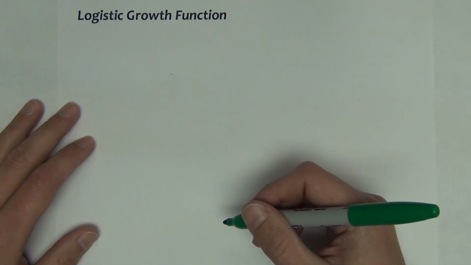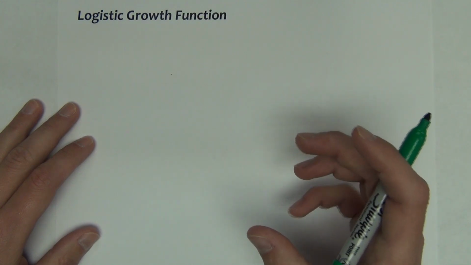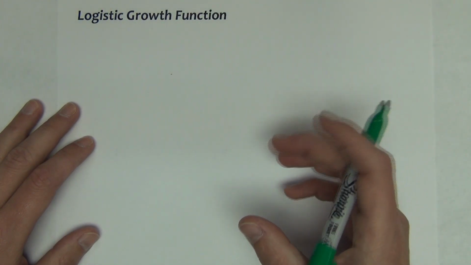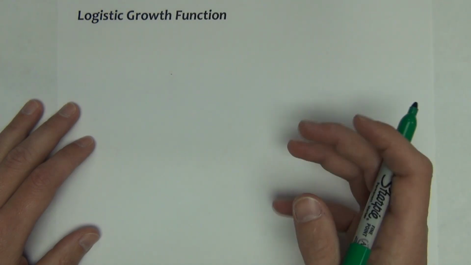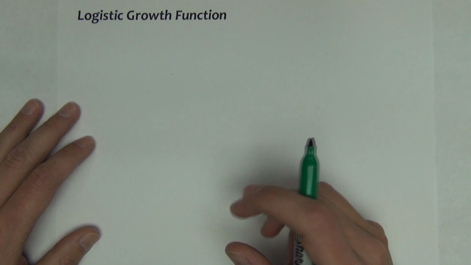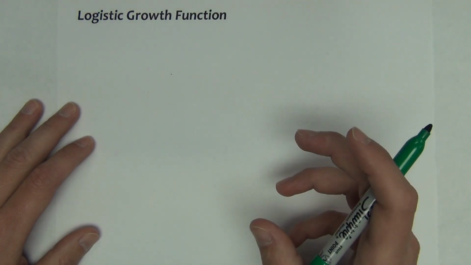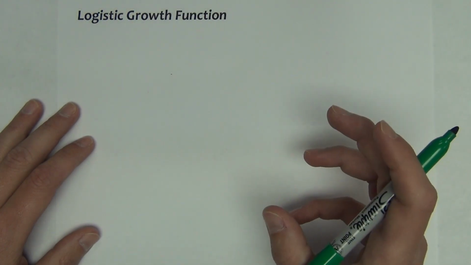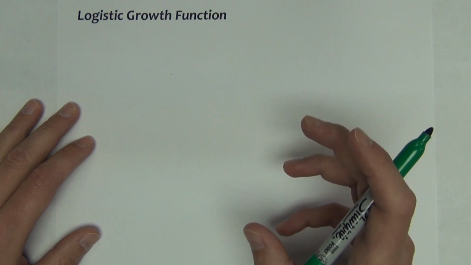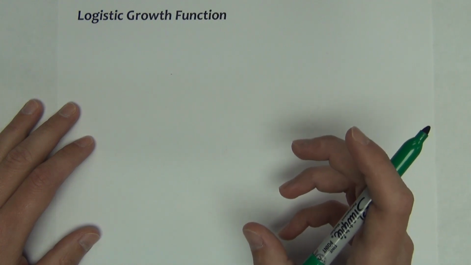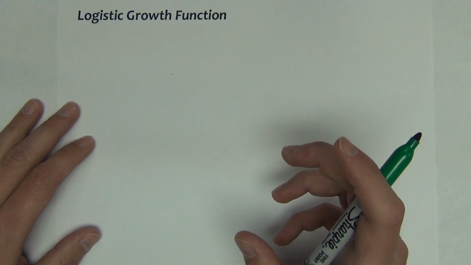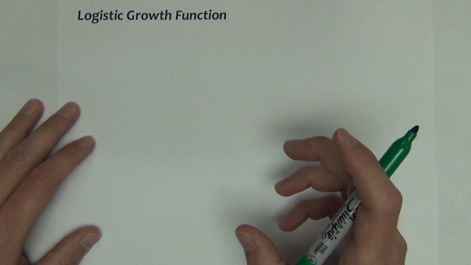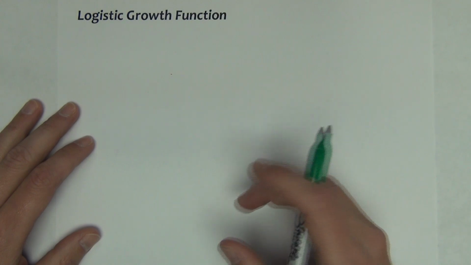Alright, next I want to look at a logistic growth function. It's similar to an exponential function in that it can be used to model exponential growth, maybe population growth. But whereas exponential function growth is unrestricted, that doesn't always model real-life population growth. Very often, growth functions will be bounded.